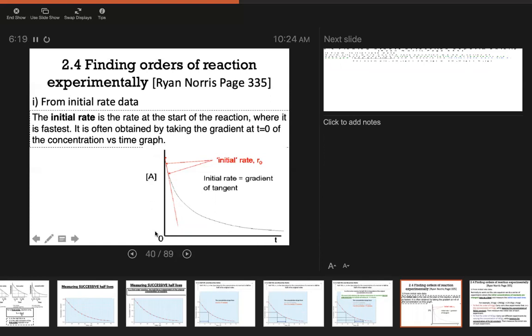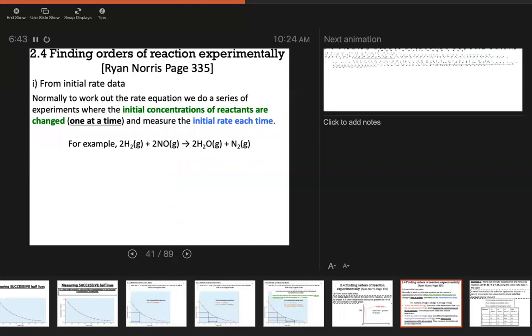Okay, concentration time graph, and initial rate is when you draw a tangent at t equals to 0. Now you may argue at t equals to 0 the reaction is 0 because the reaction hasn't started. Now what we mean by that is the rate of reaction just after 0. Okay, so that's the tangent, and the tangent gives you the rate.